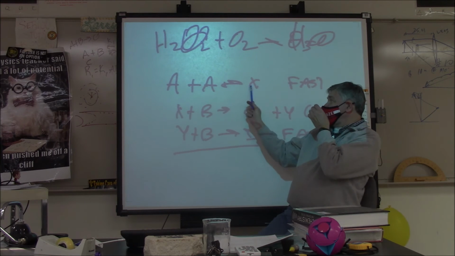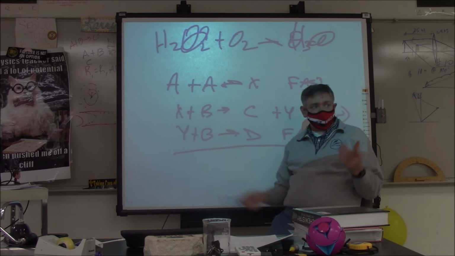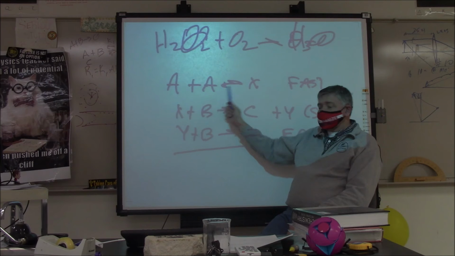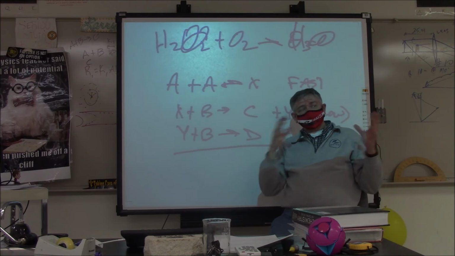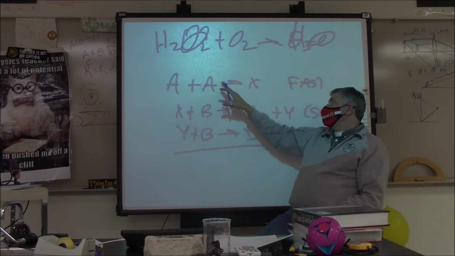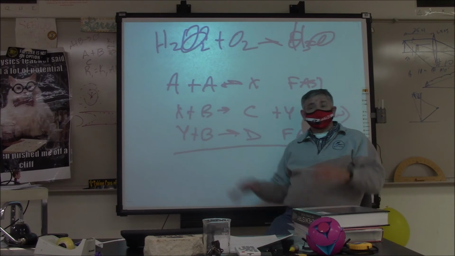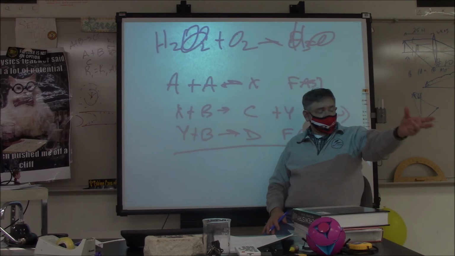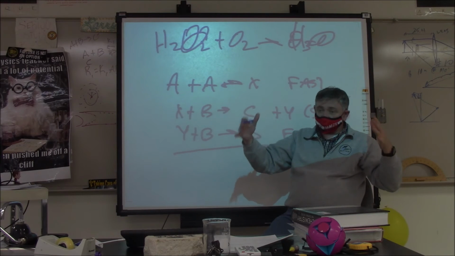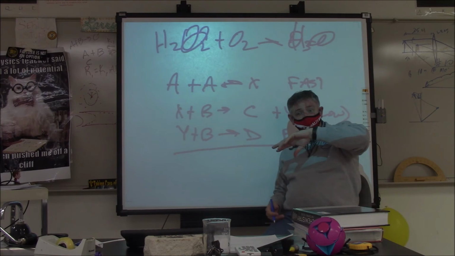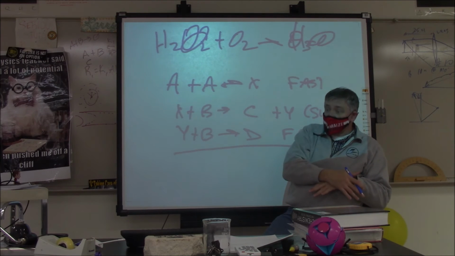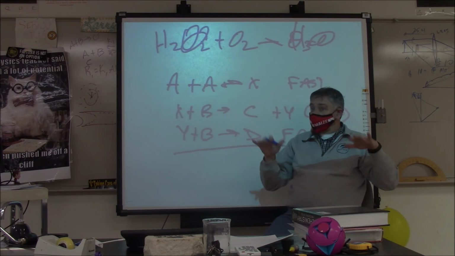Notice that this reaction here has this double arrow. What that means is that this reaction has the capacity to reach an equilibrium point where the forward rate of the reaction can equal the reverse rate of the reaction. That would be like, remember what we did that very first day, with the tubs of water, and the man was pouring into one and I was pouring back into the other, and we eventually reached that point of equilibrium.